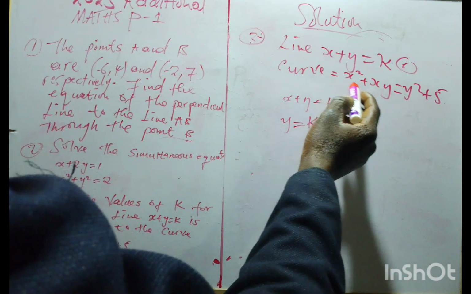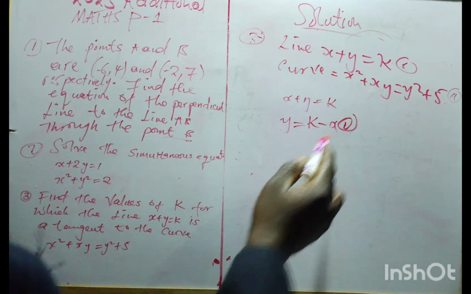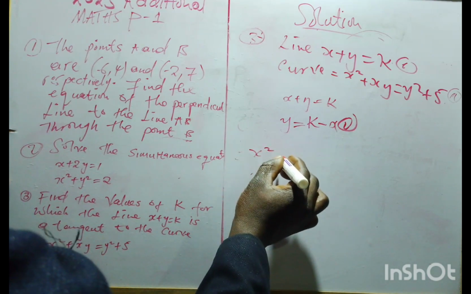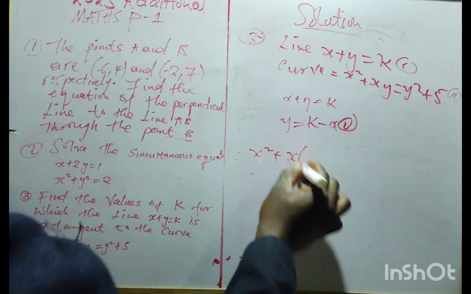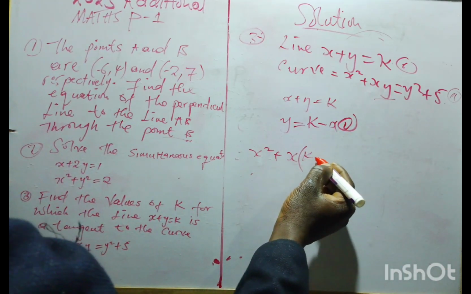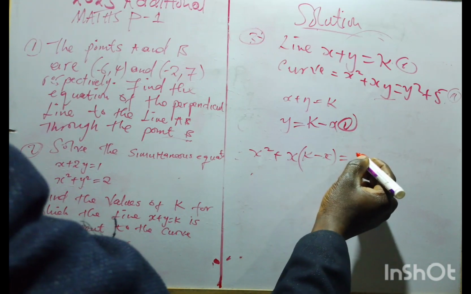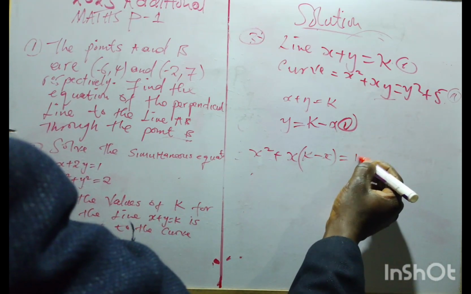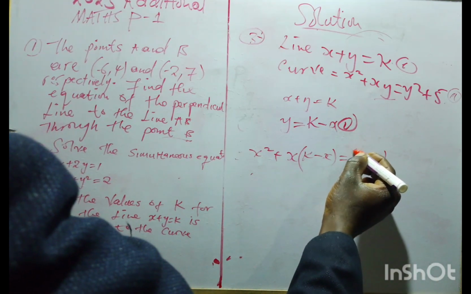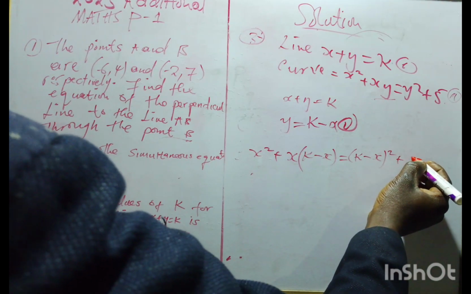You must take it into equation 2. So where there is y, you substitute with this term here, in which we're going to say x squared plus x, where there is y, we have k minus x in brackets, which should be equal to, where there's y, we have k minus x, then in the bracket, squared, plus 5.